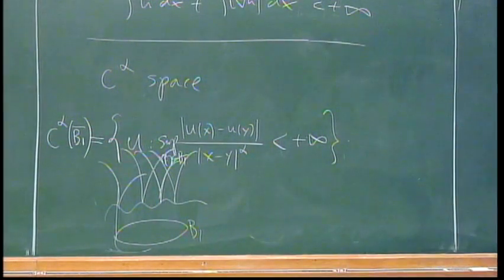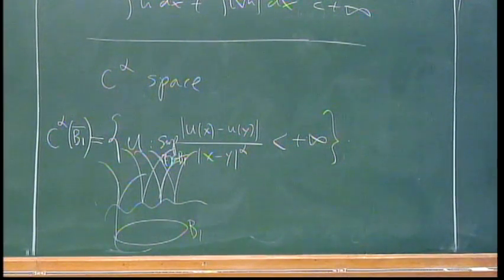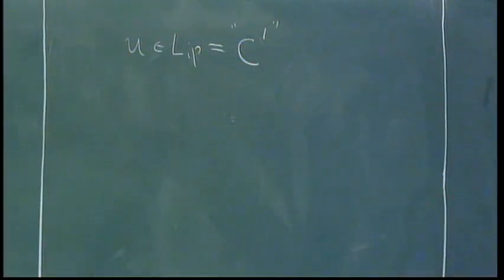Hölder continuity can always be extended to this boundary. But in terms of geometry, how this alpha behaves, if U is Lipschitz, which is defined like C1 here, which is really bad notation, but we use that all the time.